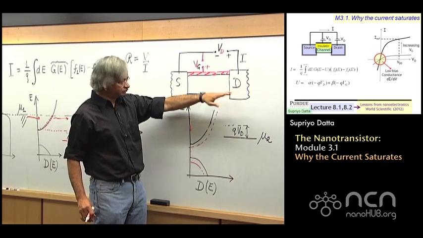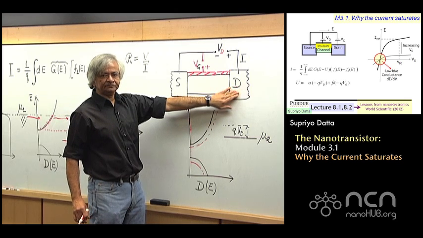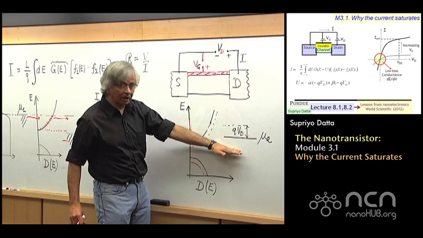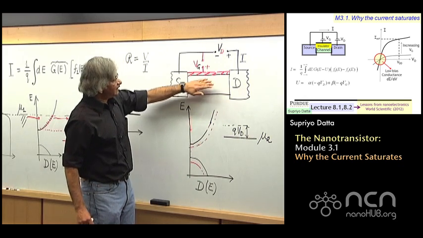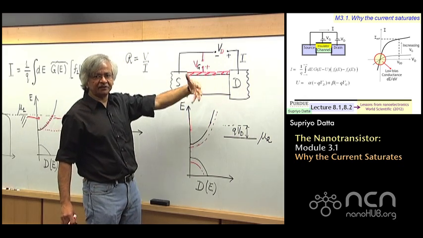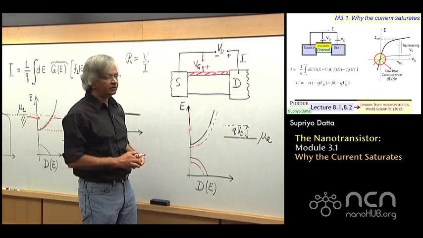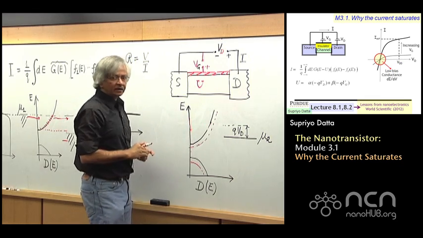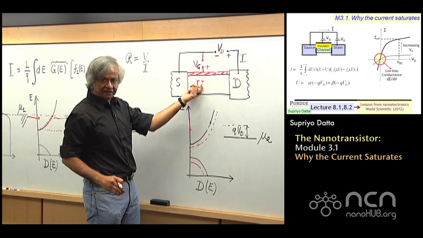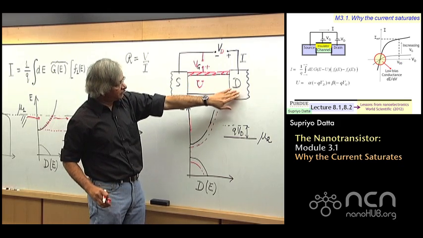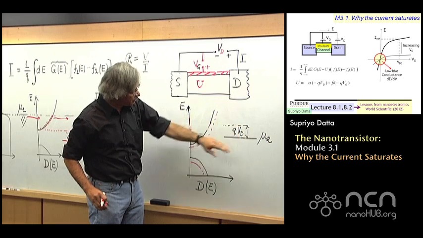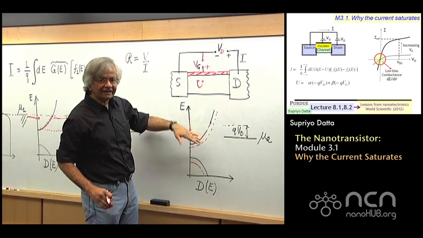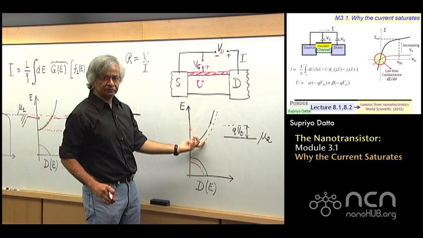And let's say I've put 100 millivolts here. Because of the 100 millivolts, of course, everything in the drain is going down. But the channel also has some effective potential, which I could denote as U, U being the potential energy in the channel. And when I put 100 millivolts there, not only does the drain go down, but also this one goes down somewhat. And that needs to be taken into account.